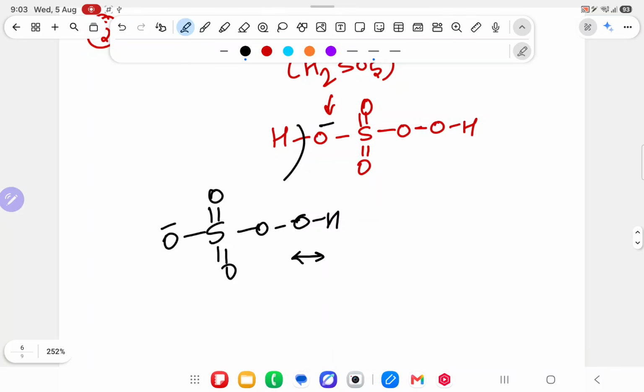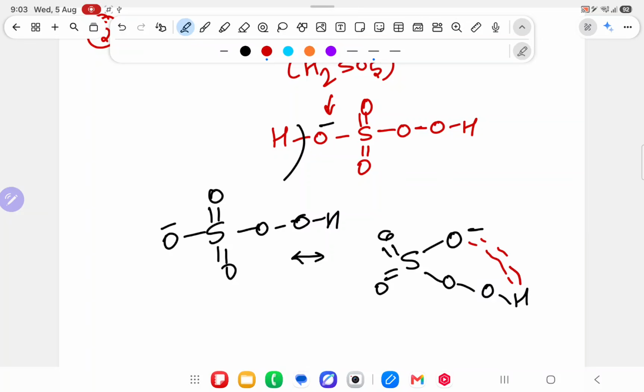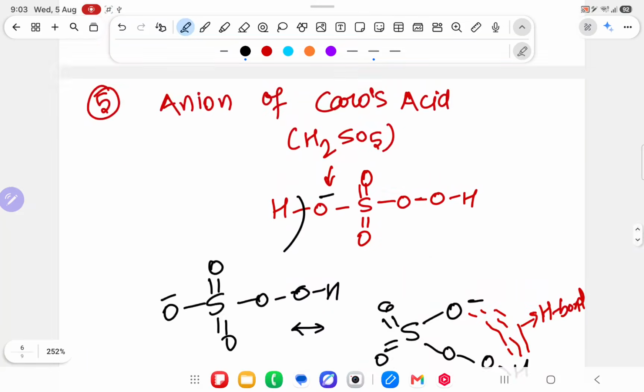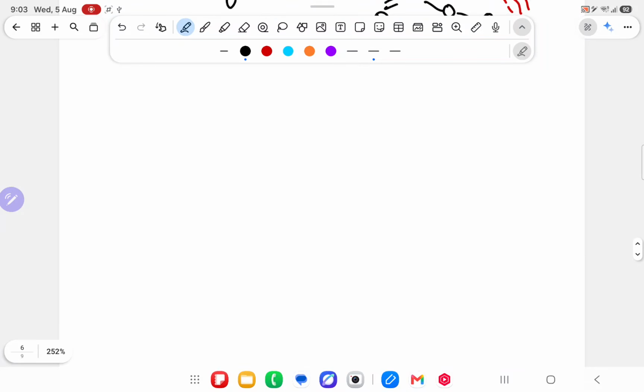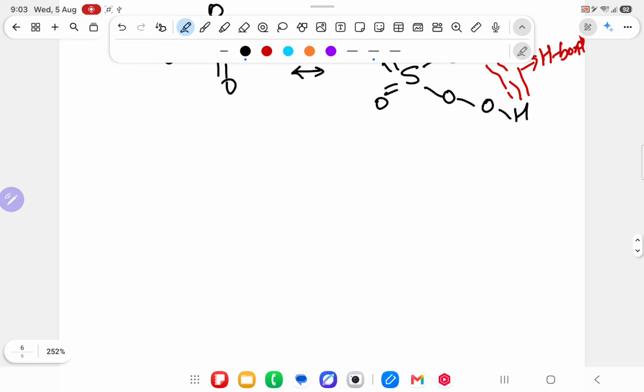I am going to just manipulate this structure like this: S double bond O, one side O minus, one side OOH, and this is forming a hydrogen bond. This is also formed by only one compound, so it is known as intramolecular hydrogen bond. So intermolecular hydrogen bond and intramolecular hydrogen bond, all the examples I have completed. If you are not understanding, please try to see it once again.